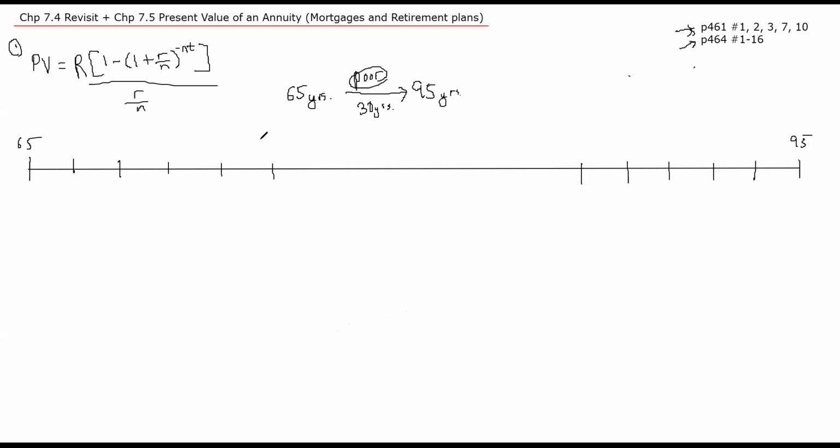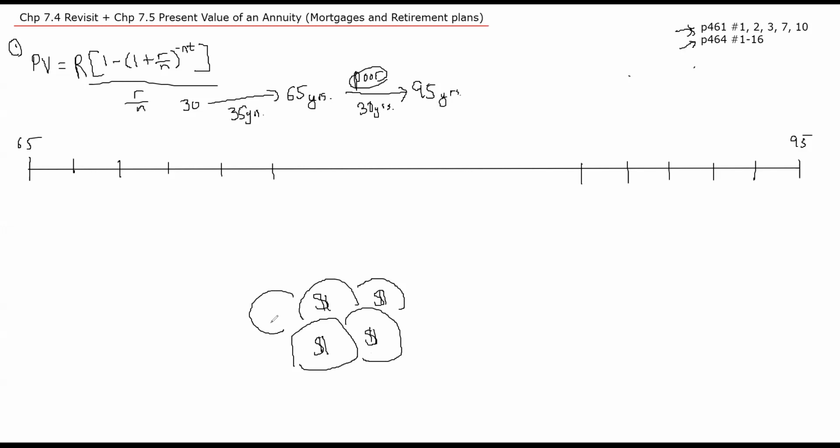If I give the bank a certain amount of money from now, let's say I'm like 30 years old, all the way to 65, for 35 years, I gave the bank money and they're going to invest until I have a pile of cash. Okay?